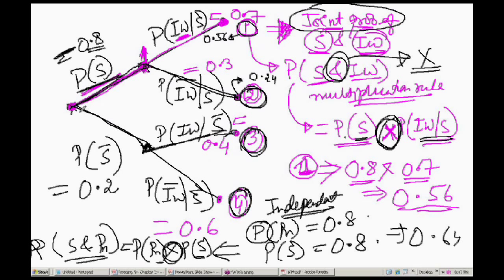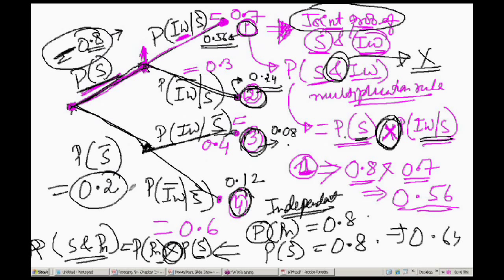The probability of node 3 will be the probability of Sachin not playing, 0.2, into India winning given Sachin is not playing, 0.4, so it is 0.08. Node 4 will be 0.2 into 0.6, which is 0.12. Now if you take the summation of 0.56 plus 0.24, it will be 0.8, which is equal to this.